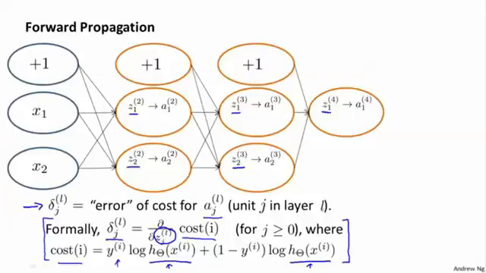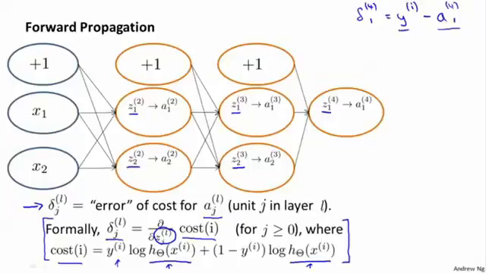For the output layer, it first sets this delta term, let's say delta^(4)_1, as y^(i) minus a^(4)_1, if we're doing forward propagation and backpropagation on this training example i. So this is really the error, right? It's the difference between the actual value of y and the value predicted.